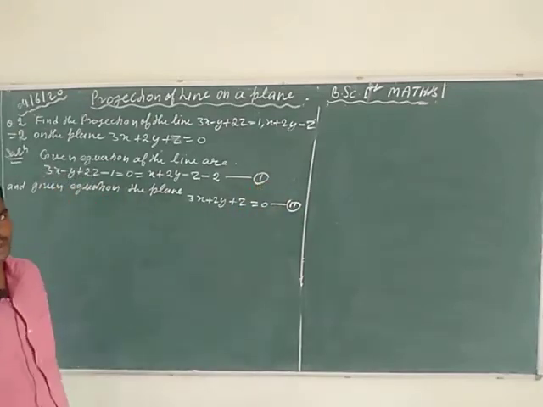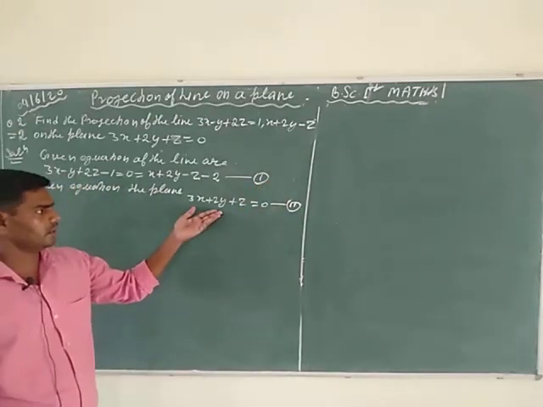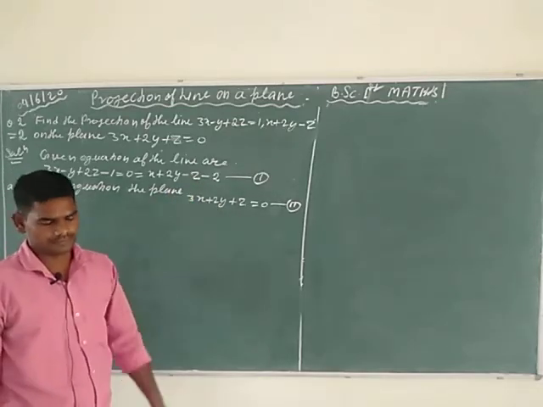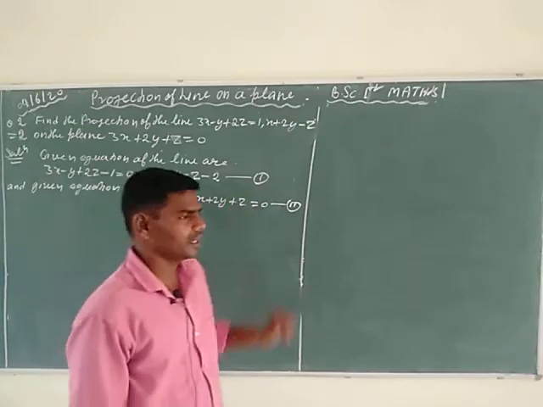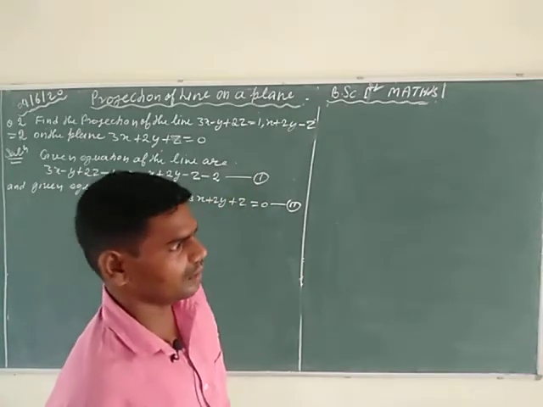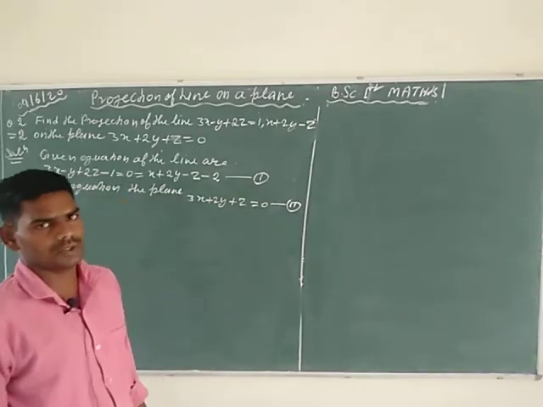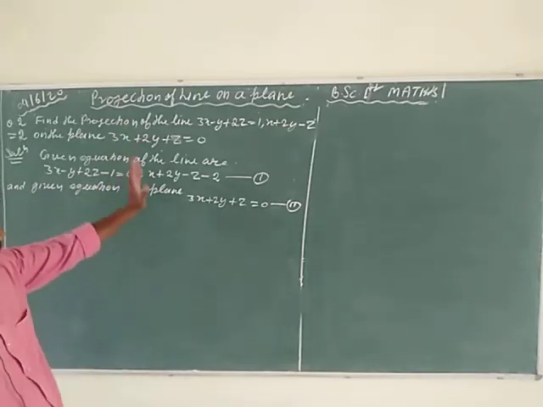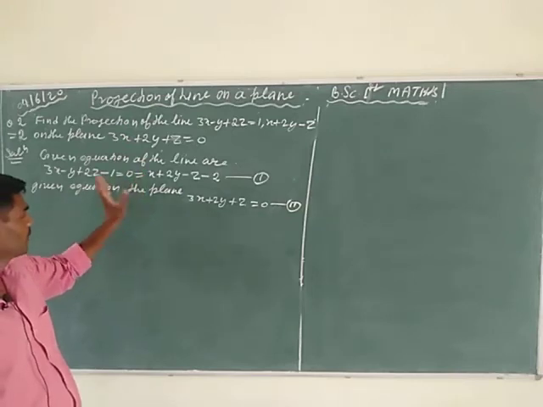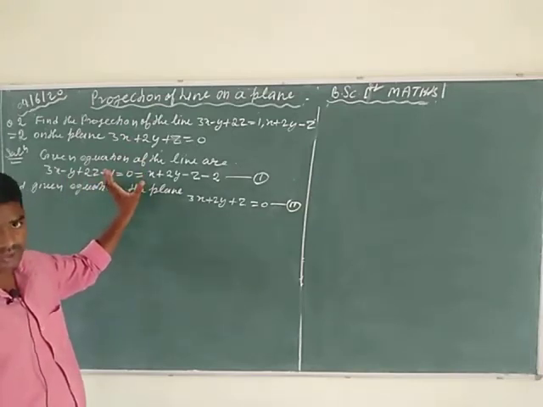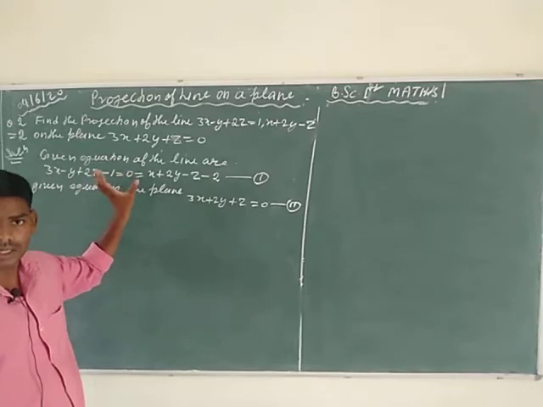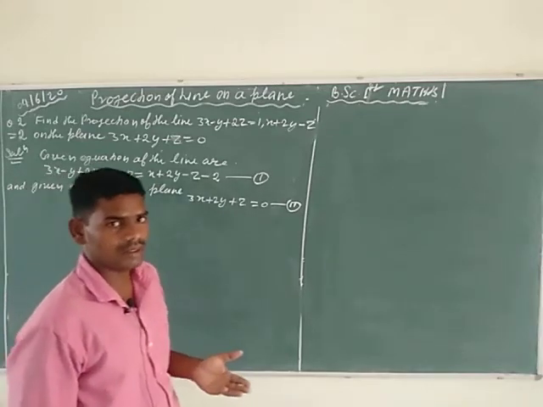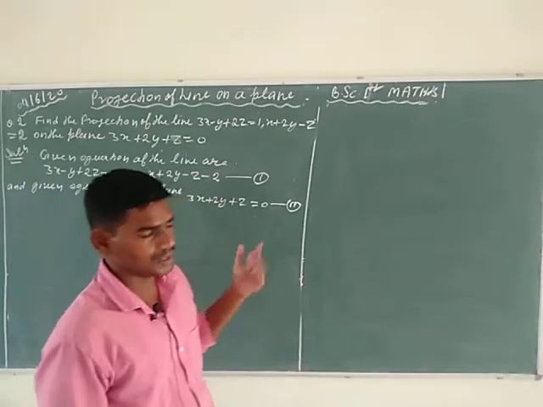Same as question first, equation second is the given plane and equation first is the given line. Here the line is given in general form, while in question first the line was given in symmetrical form. Therefore, calculate a plane equation which passes through the first given line. Same as here, write the equation of the plane which passes through the first straight line.